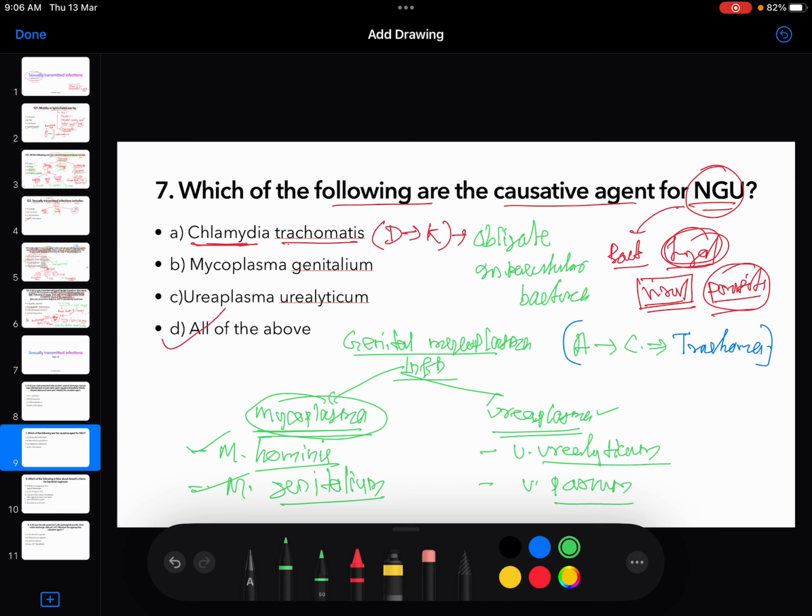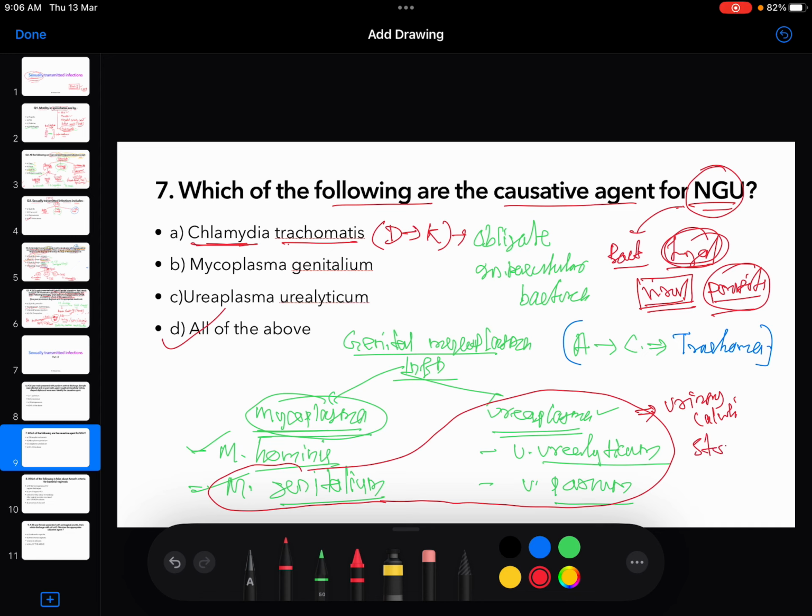Generally the Mycoplasma genitalium and all the species of ureaplasma cause urinary calculi, or urinary stone formation.